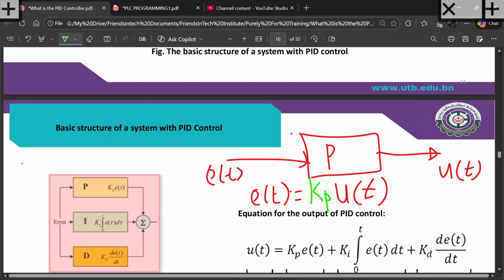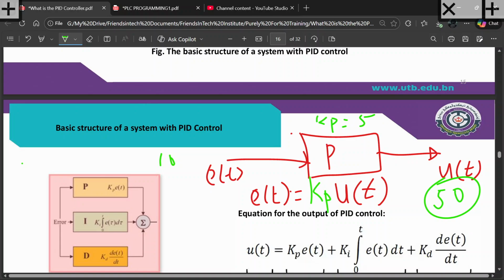The only difference is that we are multiplying this by a constant, which is called Kp or proportional gain. Let's say Kp is 5 and error signal is 10, then output will be 50. So we are just magnifying the error signal.